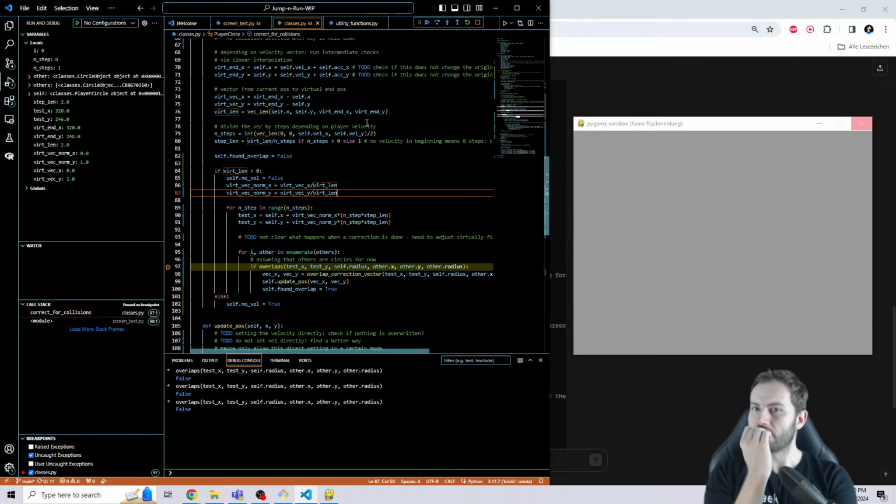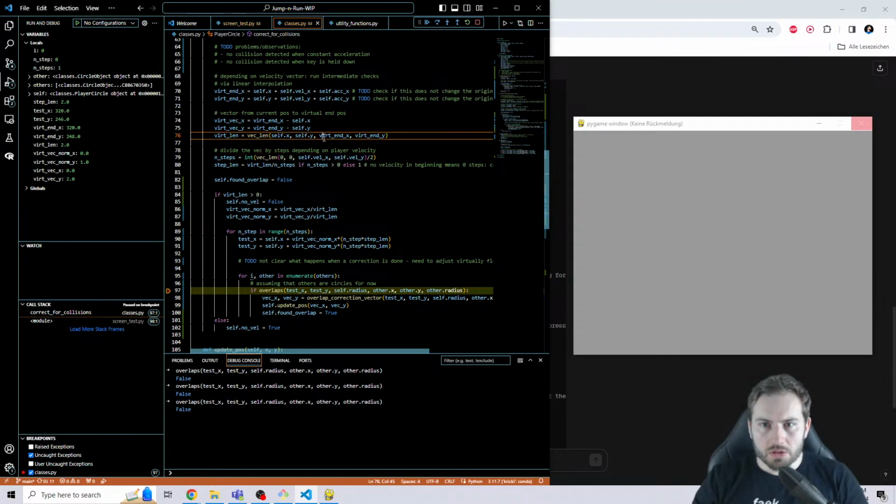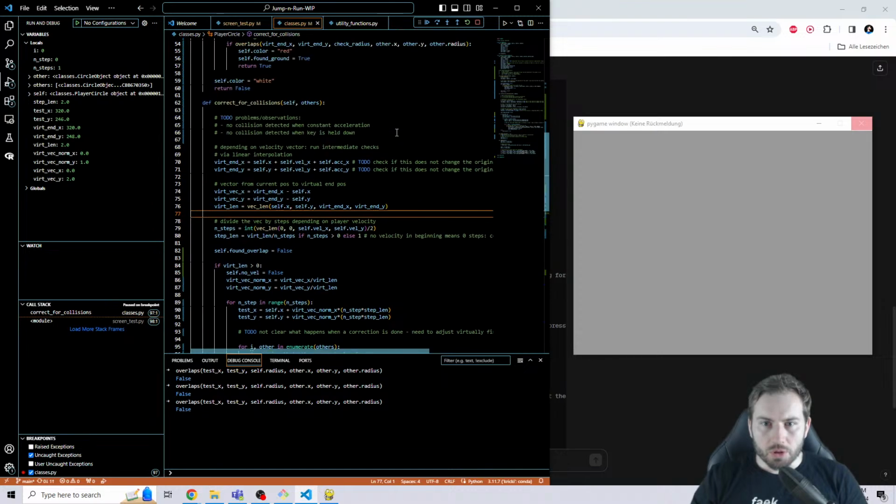That's not super helpful. Okay, right, but the number of steps here, this maybe is also something that could be optimized. So however much the velocity is, will be divided by 2.